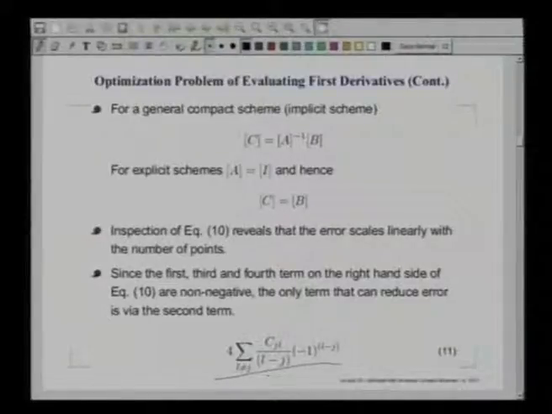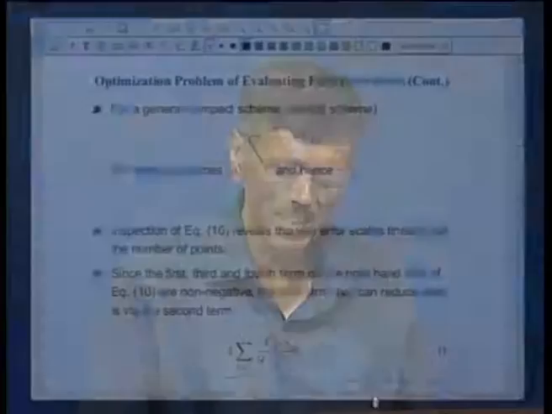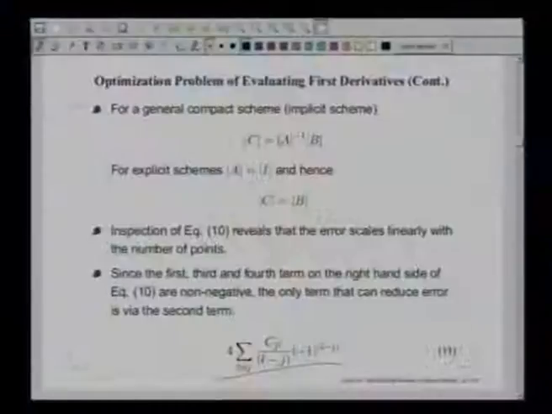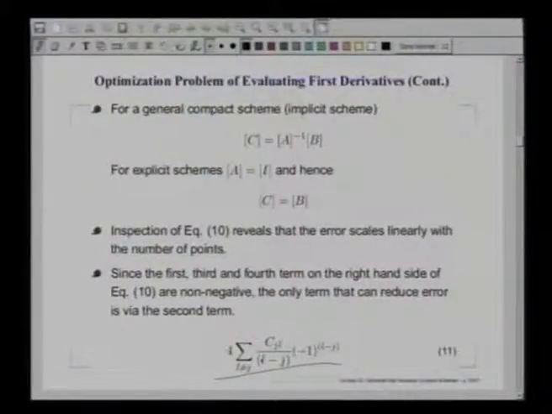So, you are looking at the jth node, and L is the variable node. So, C j L is scaled by the distance of the jth node from its neighbor. So, the nearest point L equal to j plus minus 1 would contribute more, because if you look at the plus minus 2 point, that will divide that C j L by that much of an amount. Okay. So, it is the nearest point that actually plays a greater role for error.